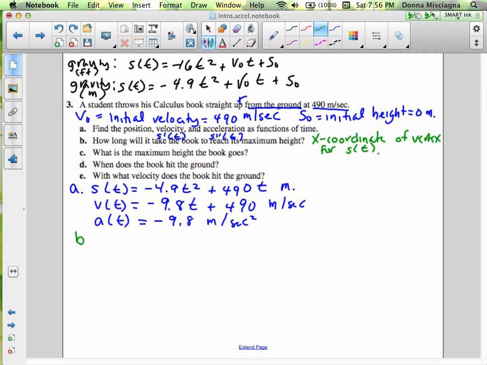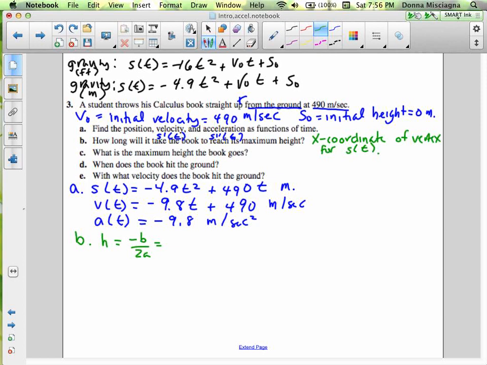Just as a reminder, the x-coordinate of the vertex is h, and h is negative b divided by 2a. That's how we find the x-coordinate of a vertex.